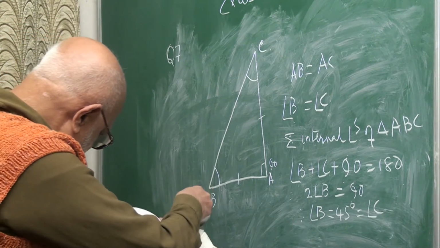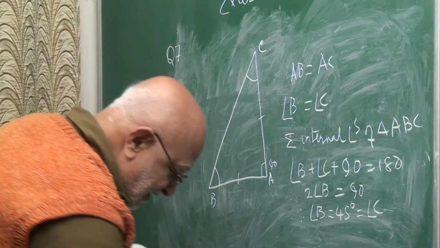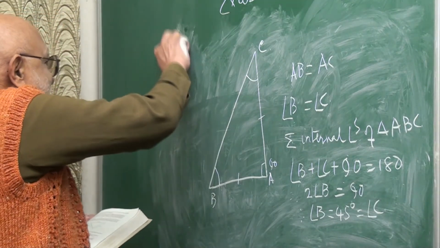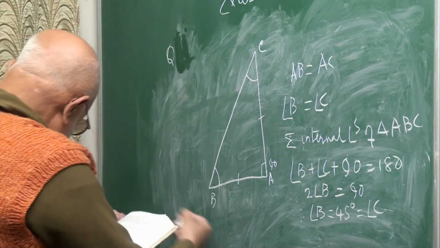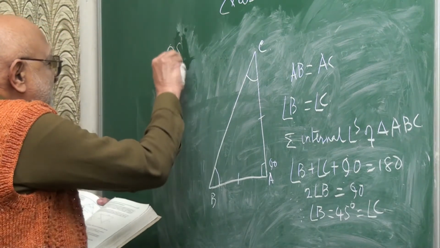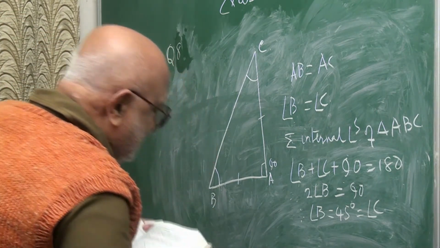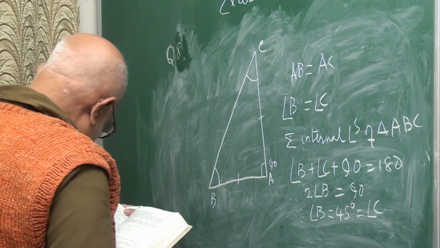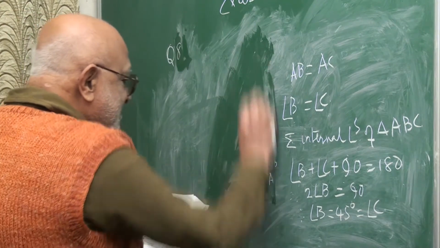Now it says another question. That's the last question here, question number 8. I thought if we could do this, then our exercise 7.2 will be completed. This is number 8, and it says that you have an equilateral triangle, and show that the angles of an equilateral triangle are equal. Let's attempt this. It's interesting.